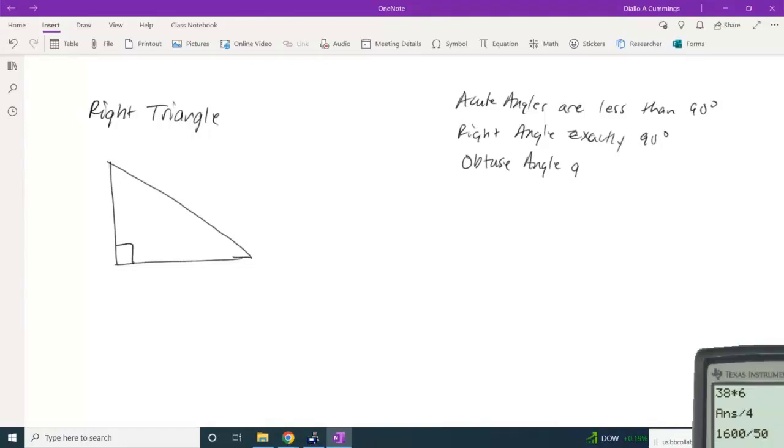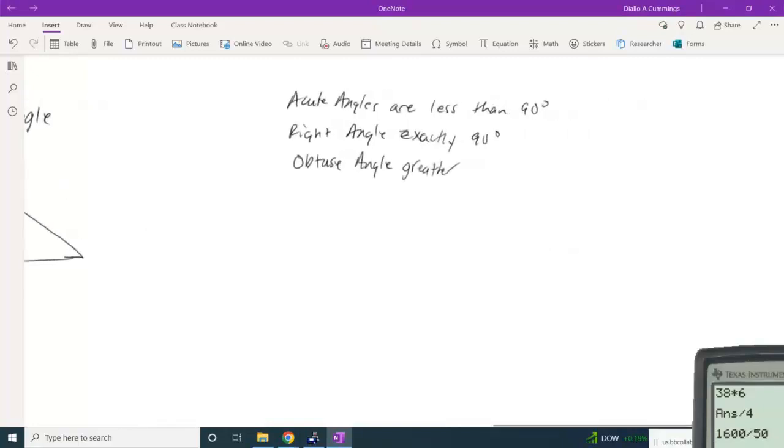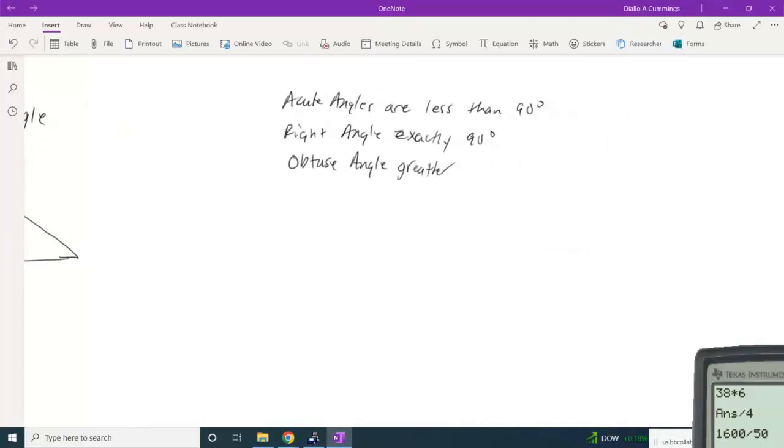You have an obtuse angle, and an obtuse angle is greater than 90 degrees, but less than 180. Okay, 180 degrees.